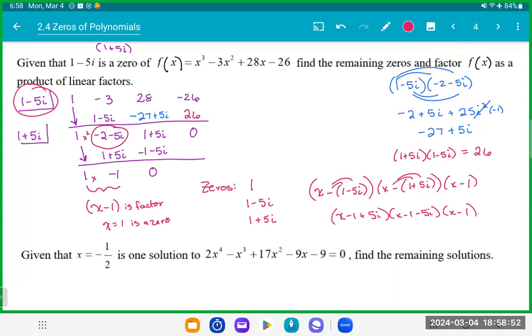So that is 1 minus 5i times negative 2 minus 5i. And I do that by foiling them together, my first, outer, inner, last, right?